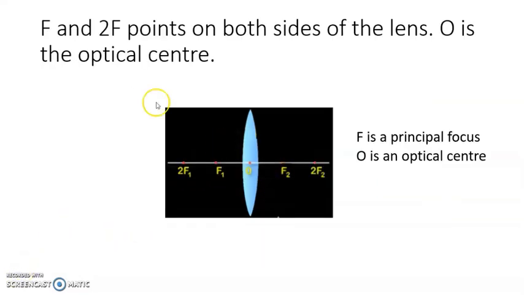So the F and 2F points on both sides of the lens can be seen in this diagram. Now, O is the optical center. Like I said before, O is the optical center. The distance between O and F2, O and F1 is known as the focal length. This distance here is known as the focal length.